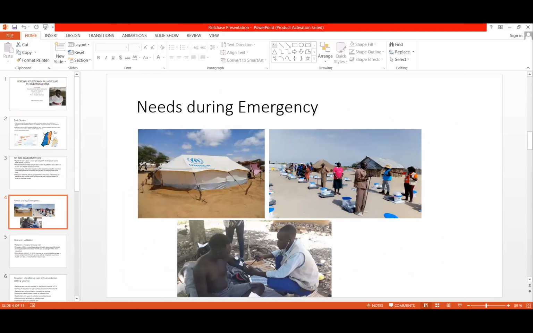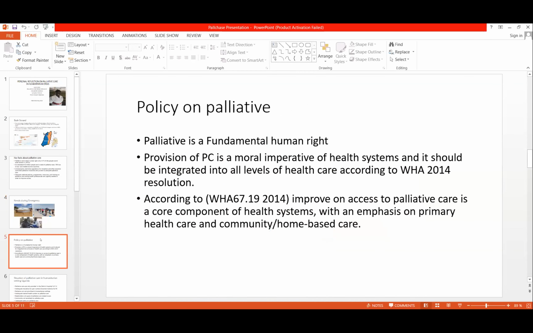Many times when refugees come into our countries, the first thing we need is shelter. We think about food and then health care. Palliative care has a policy that many of us know: the provision of palliative care is a moral imperative of the health system and should be integrated at all levels of the health system.